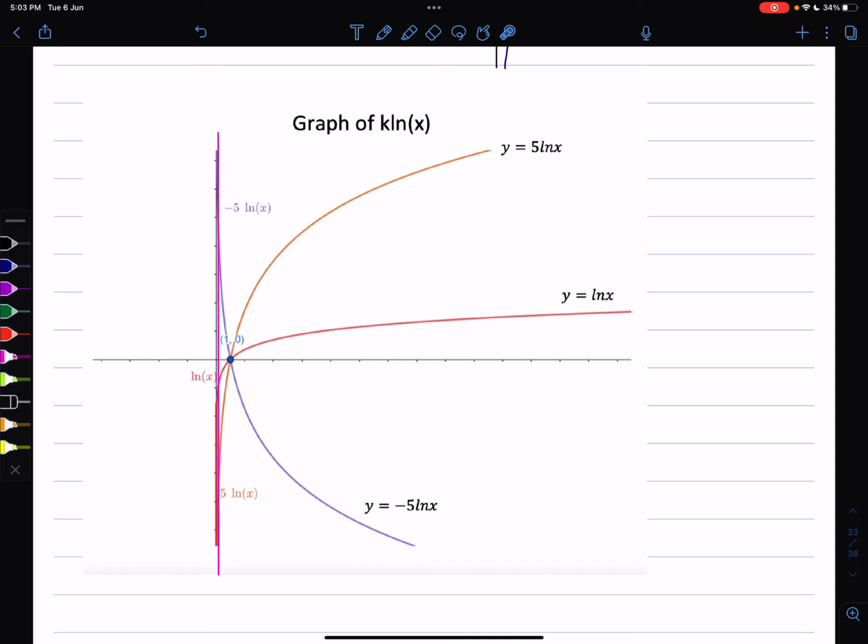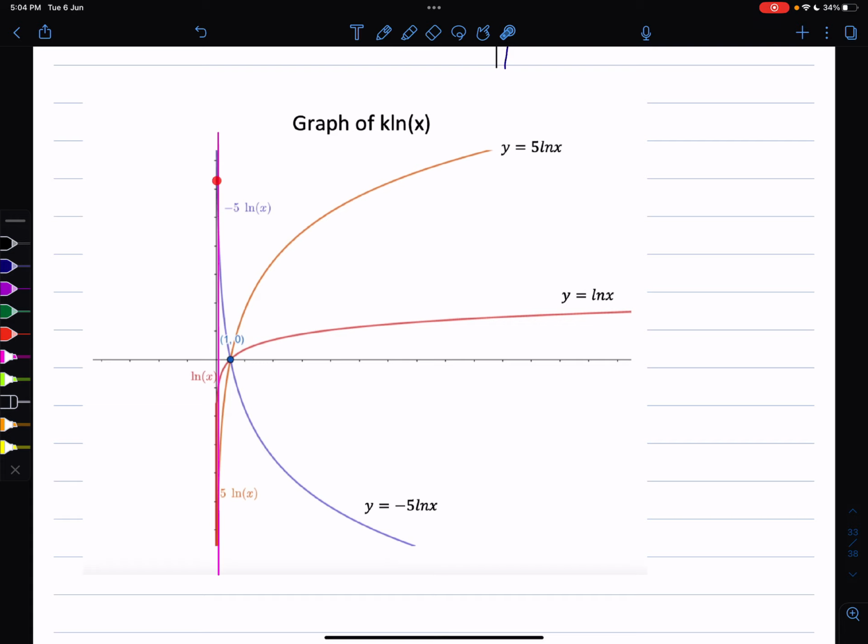Now for the graph of minus 5 ln x, when you multiply a function by a negative number, it basically reflects the function in the x-axis. So if this is our function 5 ln x, sketching the graph of minus 5 ln x would mean that the graph of 5 ln x has been reflected in the x-axis. So the value at positive 5 would become minus 5. So the general shape comes out to be like this. It's going to be a decreasing function.